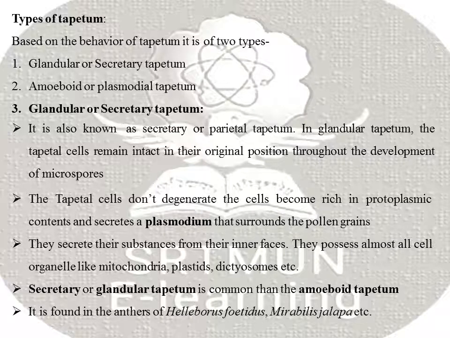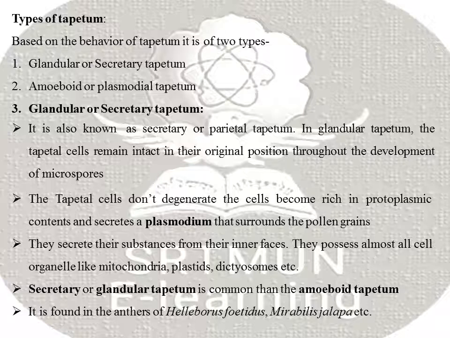Now, next, types of tapetum. Based on the behavior of tapetum, it is of two types. First of all, glandular or secretory tapetum, and next amoeboid or periplasmodial tapetum. Glandular or secretory tapetum is also known as parietal tapetum.